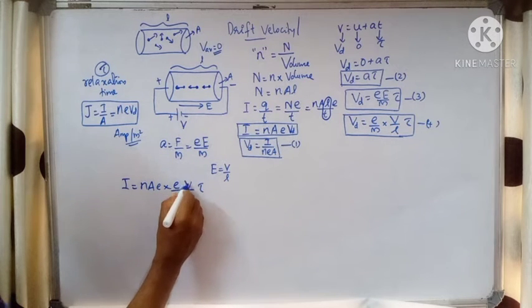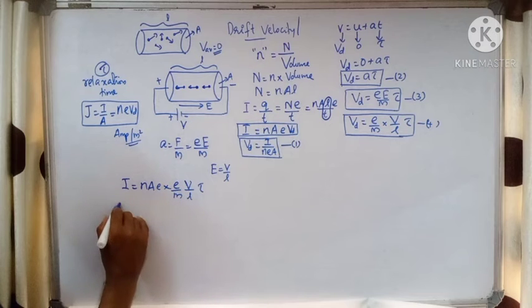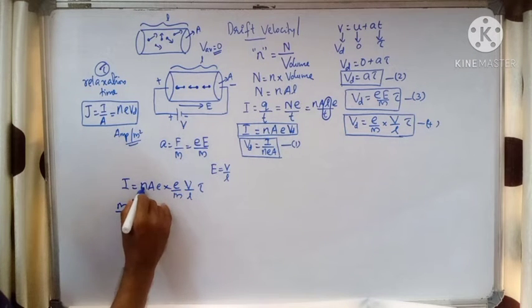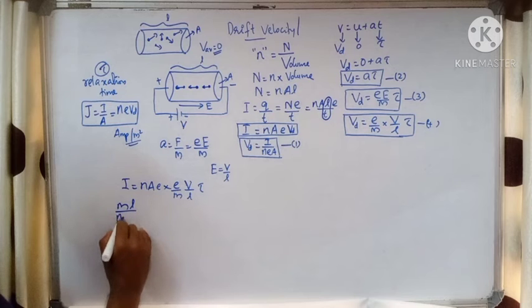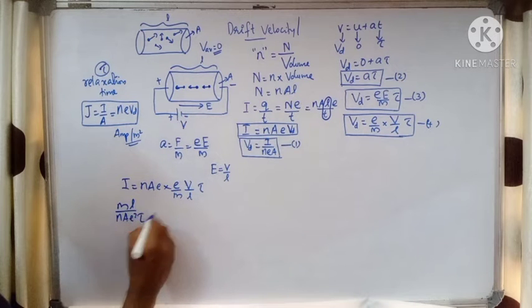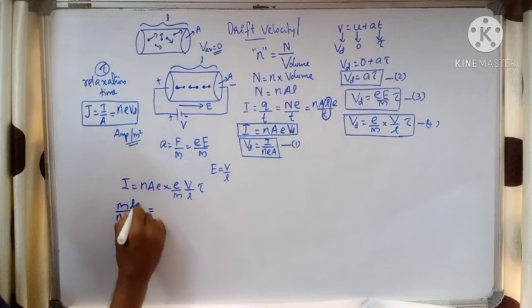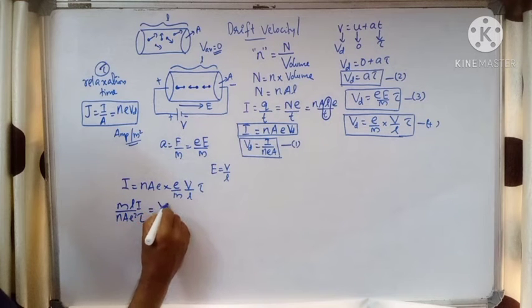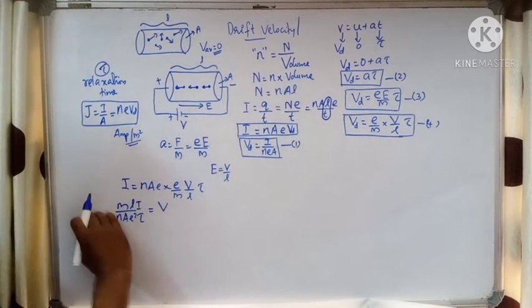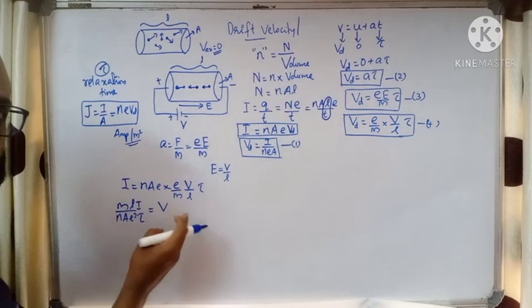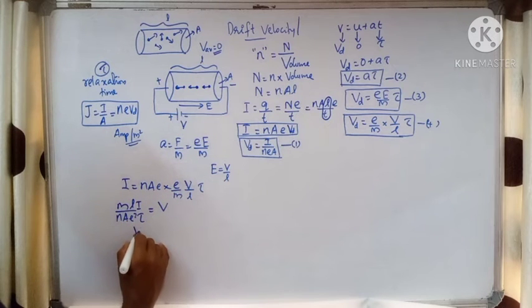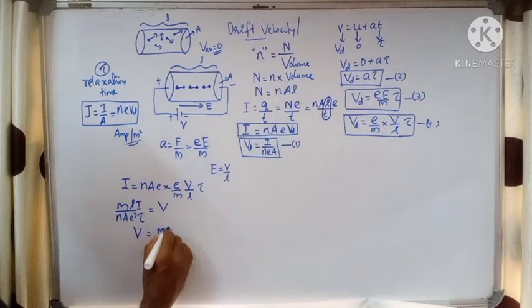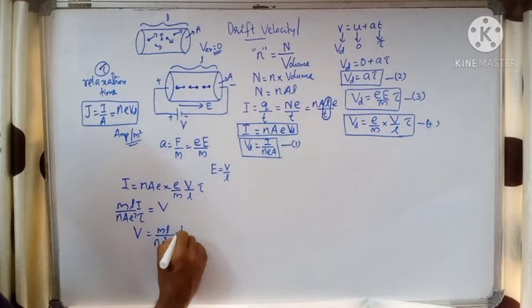I need V. When I cross multiply, m and l come here: ml by nAe square tau. I just take it to the denominator. On the right side, I is already there. Interchanging LHS and RHS, we can say V is equal to ml by ne square A tau into I.